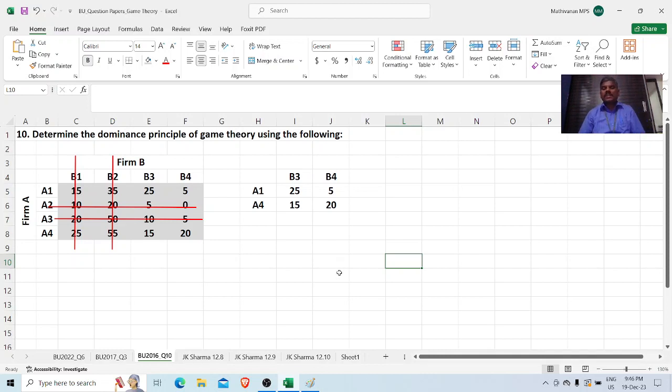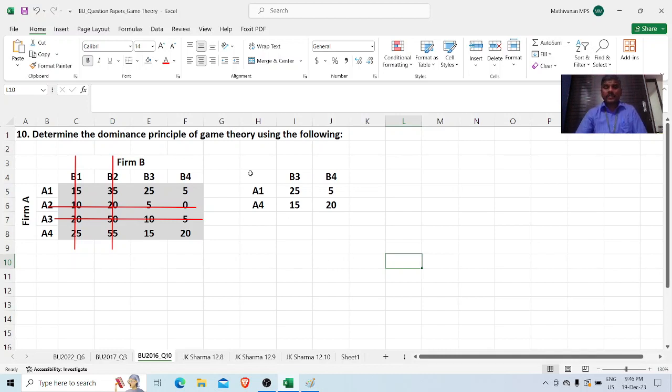That means player A and player B use a combination of the strategies with different probabilities. And our aim is to find the probabilities with which firm A and firm B will use these strategies and what will be the end result.